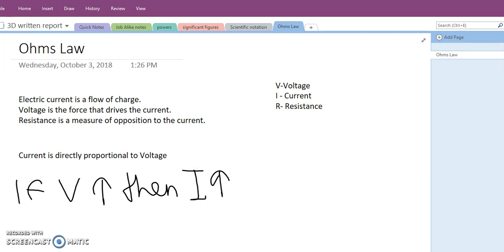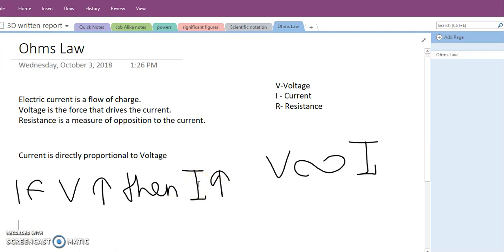And mathematically, we cannot put an equal sign between them, right? Because they really are not equal. But we can say that voltage and current are proportional. So this looks like a similarity symbol from when you did your geometry. That's because if they are related by some kind of ratio, that ratio should be unchanged. Of course, they're not related by a ratio, but they're still proportional.